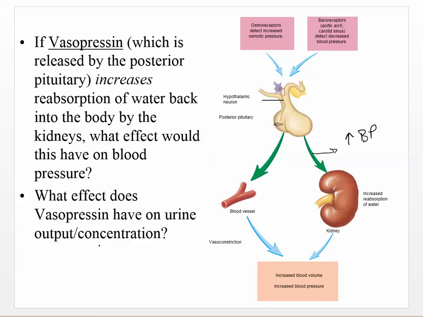Well, it's going to make very, very concentrated urine, because there's no water. The water is going back into the body, which means it's not staying in the urine. So it's going to reduce the output, the volume of urine, and it's going to make it very, very concentrated. So when you're dehydrated, vasopressin is going to be released, because it's saving water. It's keeping the water in the body.